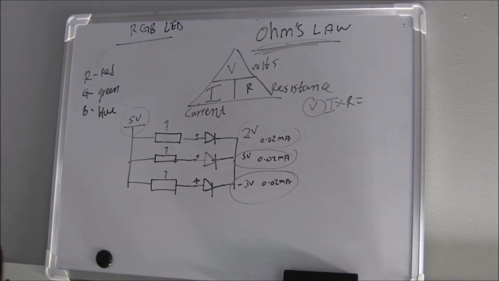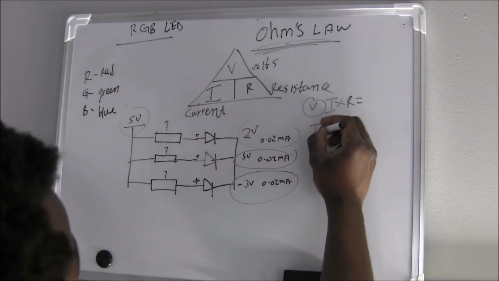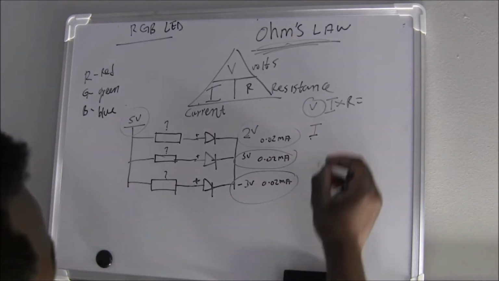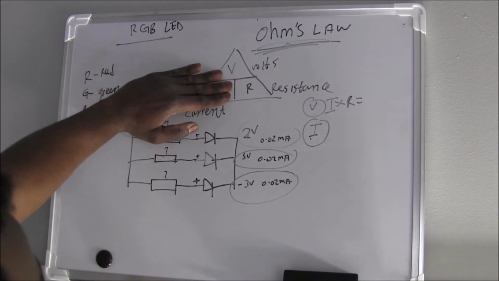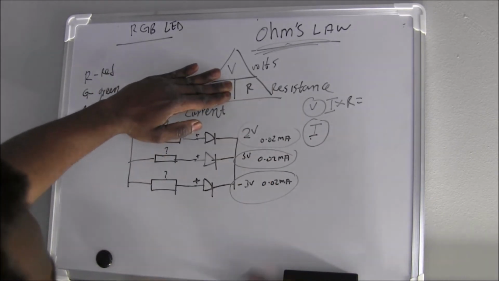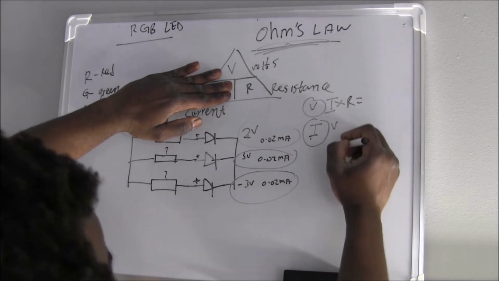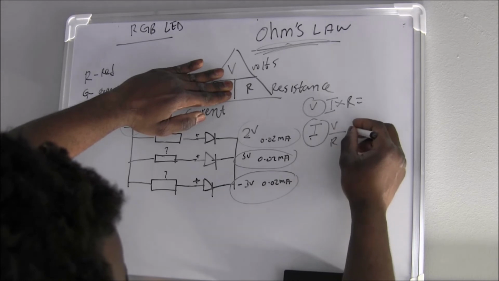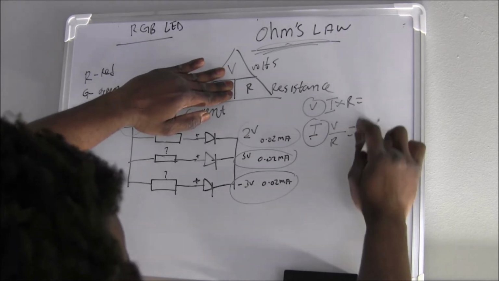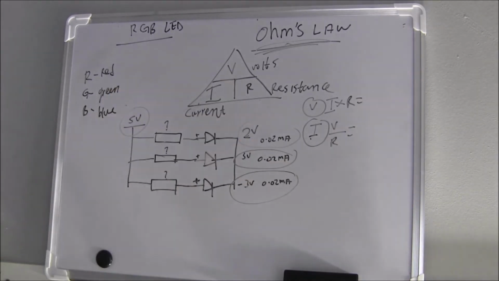The second one is now the current. If we cover the current like this, we are left with voltage divided by R, the resistance. So voltage divided by R is the equation for that.